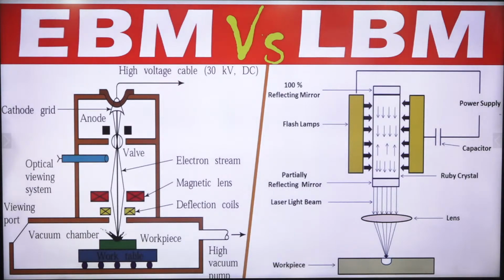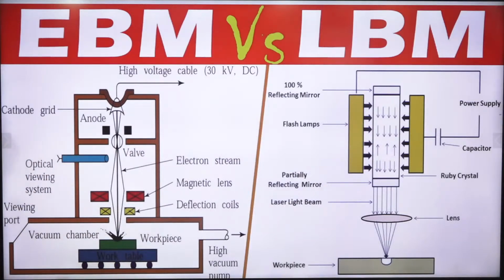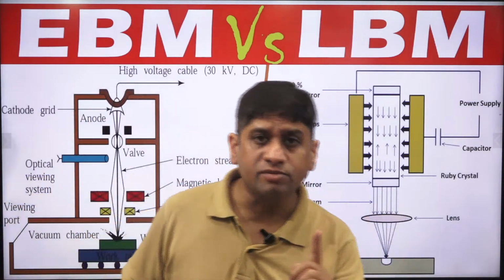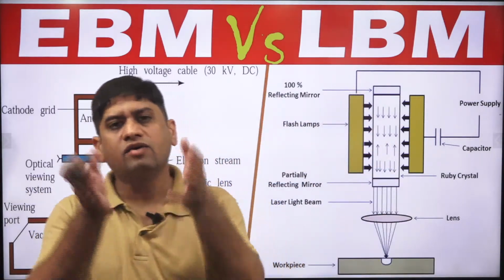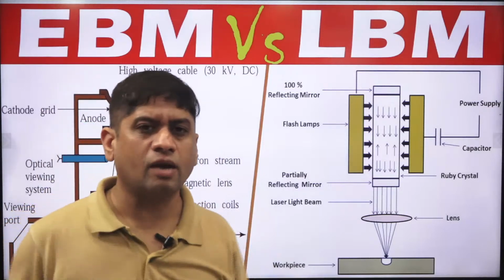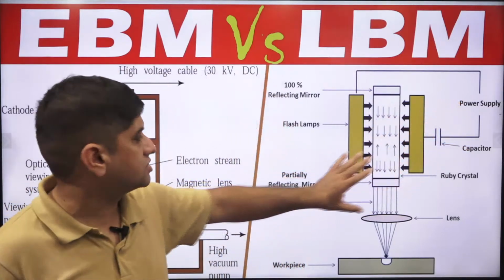Where do you use the reflecting mirror in laser beam machining? Where do you use the capacitor, in electric discharge machining and laser beam machining? Why? Because you want a sudden flow of energy, and a capacitor is the device which gives you a sudden discharge of energy.